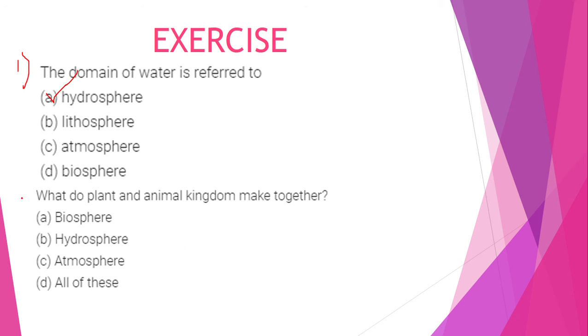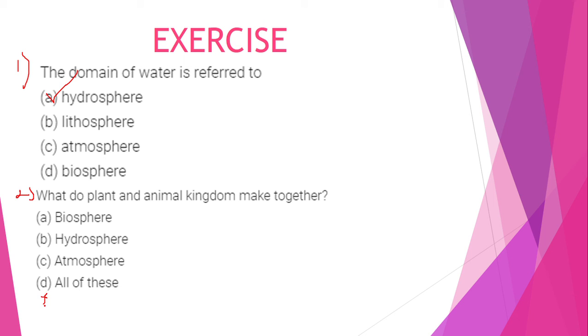What do the plant and animal kingdom make together? This is also a sphere. Okay, I will give you 10 seconds. 10, 9, 8, 7, 6, 5, 4, 3, 2, 1, and time's up. Do not choose all of these.